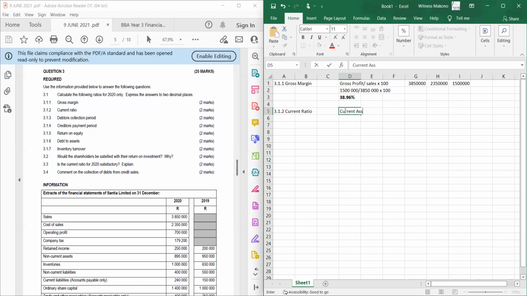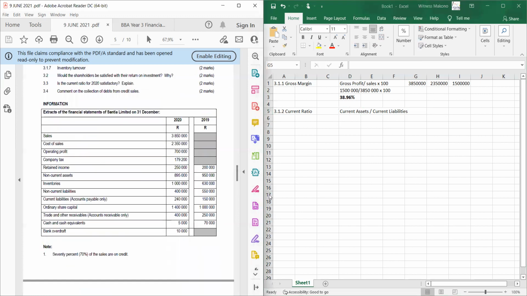Current assets divided by current liabilities. That's right. That means your job is to identify the assets and the liabilities.